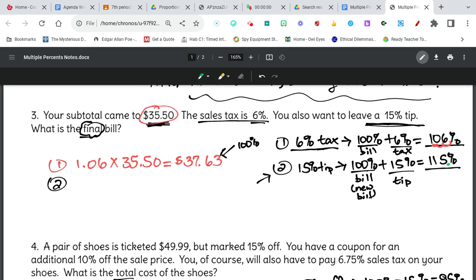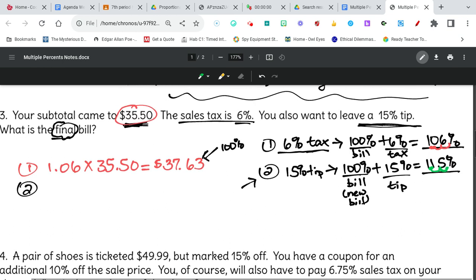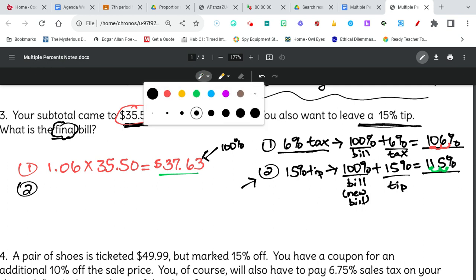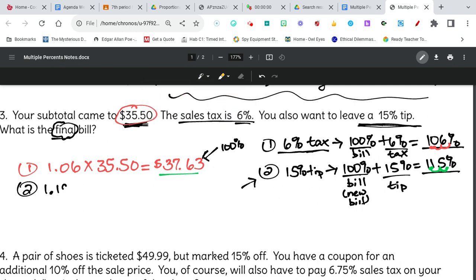So I'm going to slide this decimal from behind the 5 because it's an invisible decimal at the end. 1, 2. Remember, if you don't see a decimal, it's always at the end. So basically, I need to figure out what 115% of this new amount is. I'm going to use the decimal form of 115, which is 1.15, times my new bill of $37.63 to see how much that's going to make that go up.